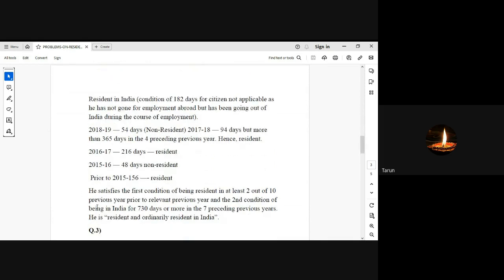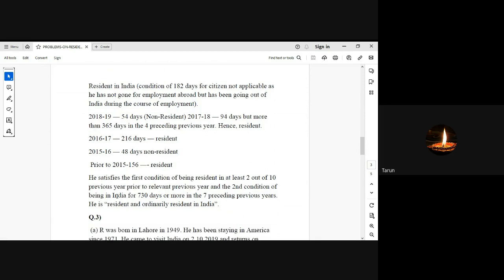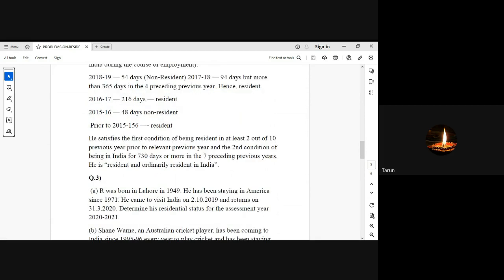He is a resident and ordinary resident because he has satisfied the whole exact years in these additional conditions. Right? So once you've gone through these particular questions, you can easily understand.